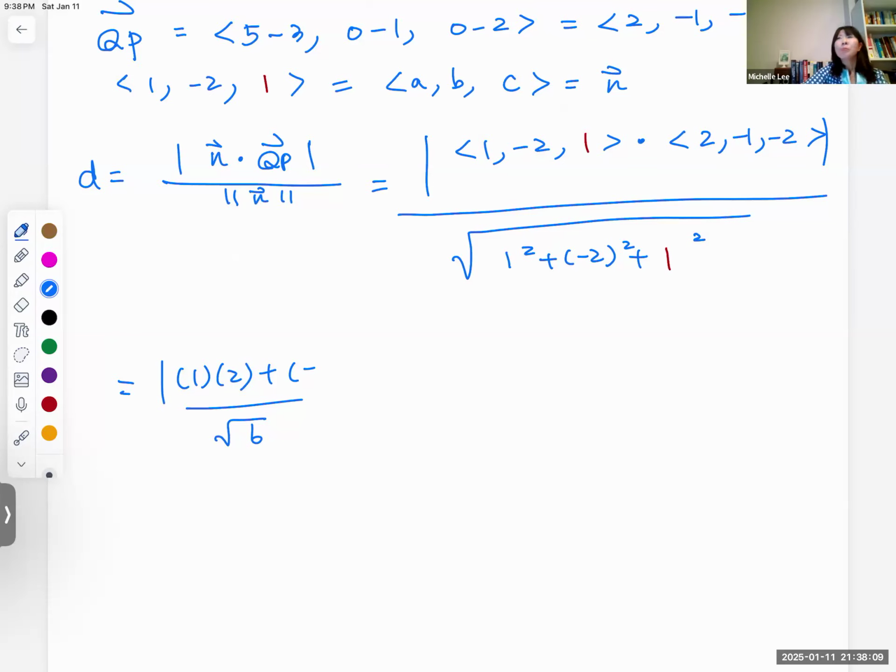Absolute value. 2, negative 2. It's negative 2, right? So the absolute value equals 2 over square root of 6. Yeah, that's the distance. You might calculate an approximation.